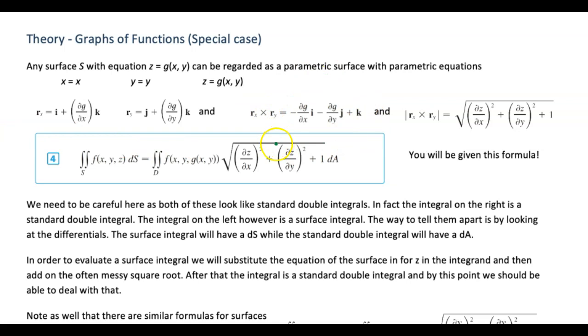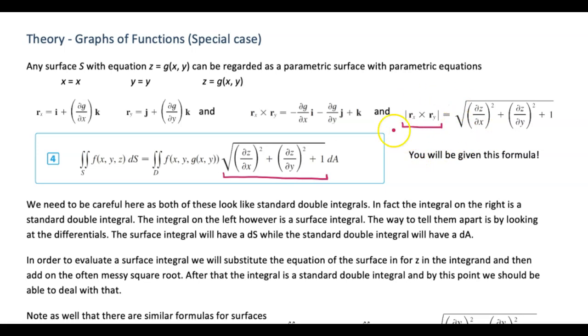And once we have that, we can then take the magnitude, and we come to this conclusion that in the case where z is a function of x and y, this cross product, which remember in the last two problems was the most difficult part of this, is just going to be the square root of the partial with respect to x squared plus the partial with respect to y squared plus 1. So this is going to be our new cross product. So in this case, this is easier because we don't actually have to take the cross product.